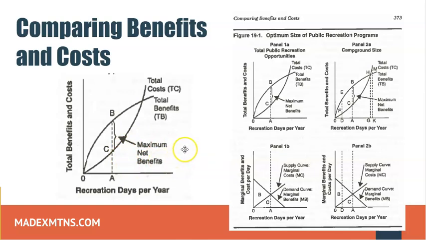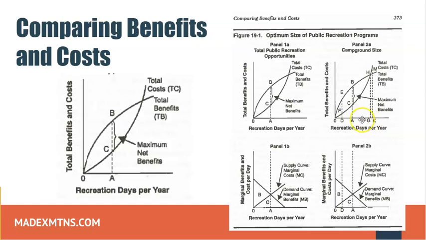So a lot of times a benefit cost analysis can look at different sizes of projects, and that's what's going on in panel 2A with the campground size. You can estimate benefits above cost for level D, A, and G, or for D and A, and level A has maximum net benefits.